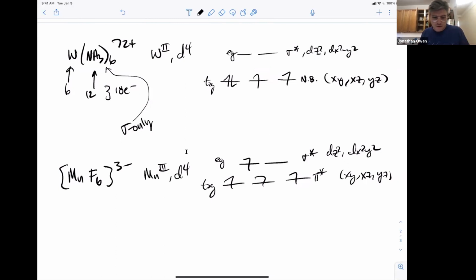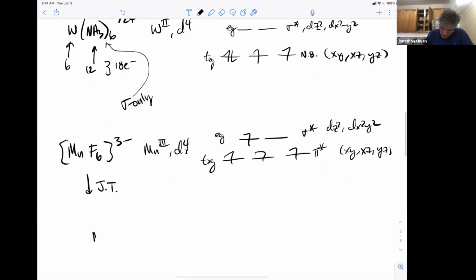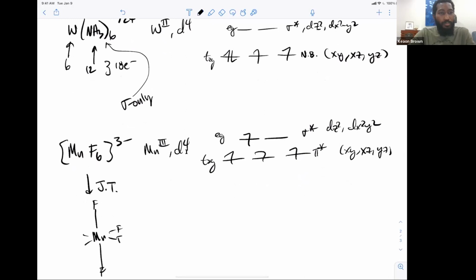X squared minus y squared can get a bigger piece of the pie. And so the molecule will undergo a Jahn-Teller distortion. That's pretty strong because sigma bonds are strong interactions and there's a lot of energy to be gained. One of the things it might do is contract along X and Y and stretch along Z.